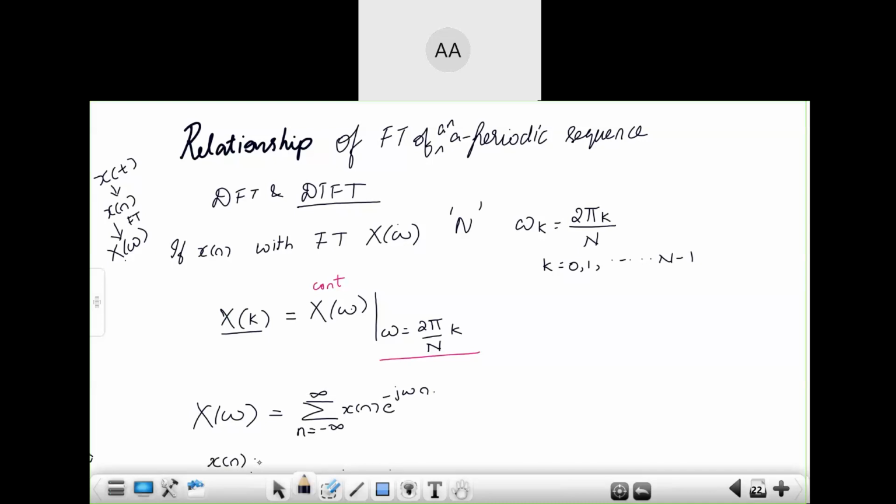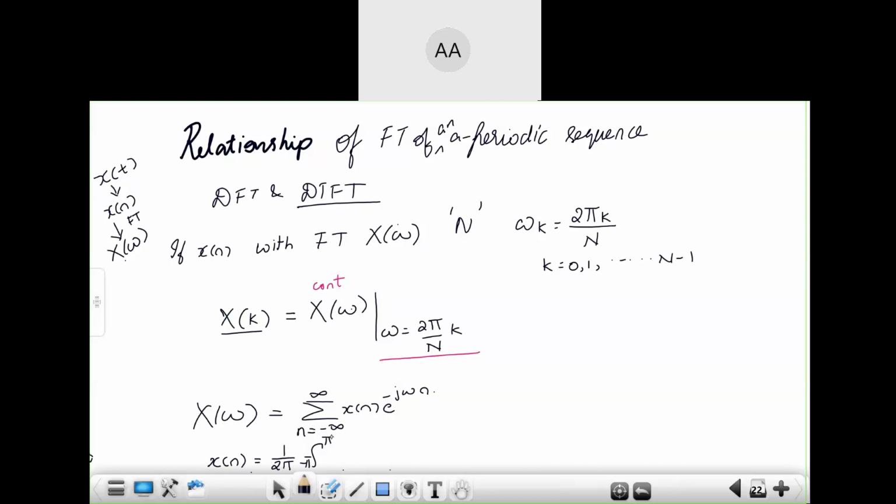Also the inverse transform, how do you write it? X of n is given by 1 by 2 pi integral, because it is periodic, we consider it to be periodic in nature. The very basic nature of the Fourier transform is to extract the hidden periodicity within the signal.